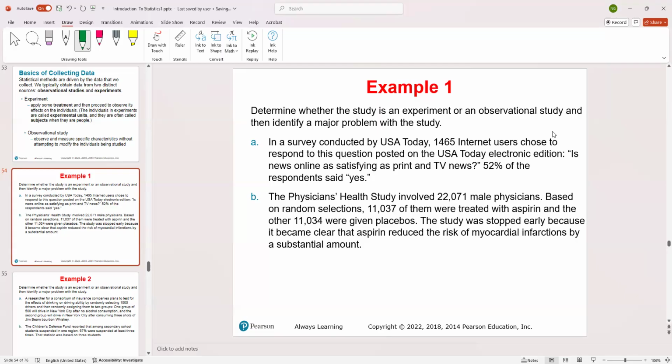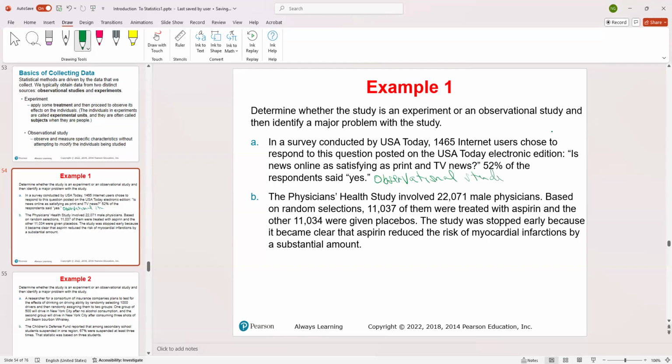Do you feel it's an observational study or an experiment? Is there any treatment imposed here? No, because you don't have any treatment. In this case, we would say it's observational.